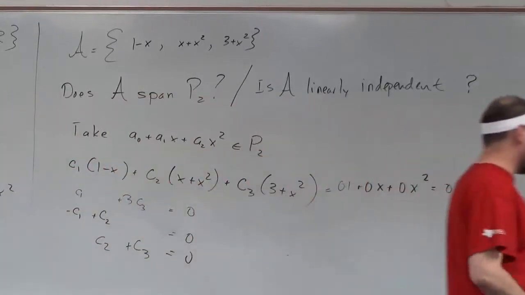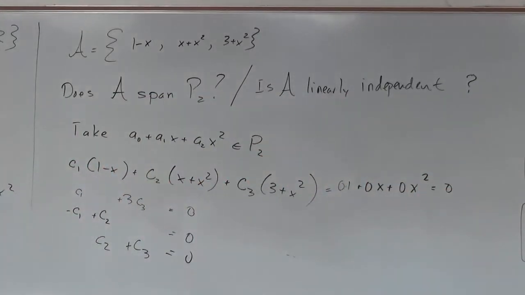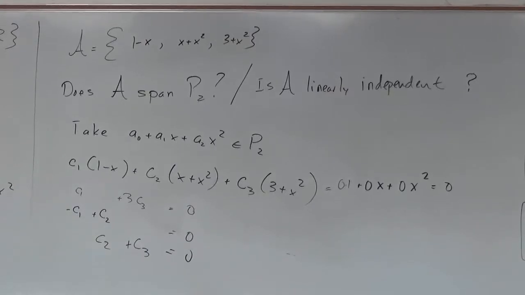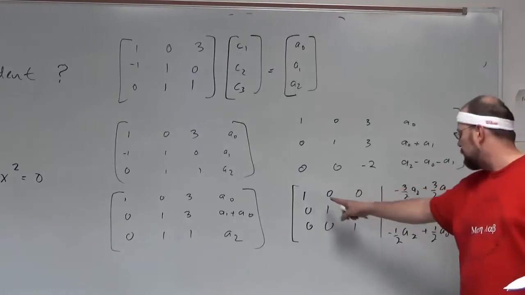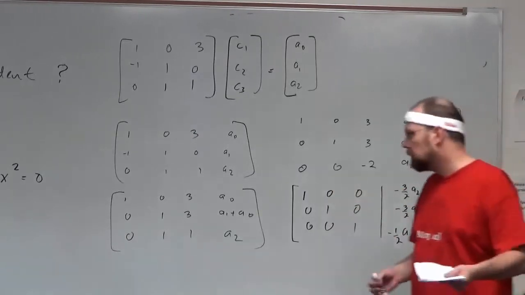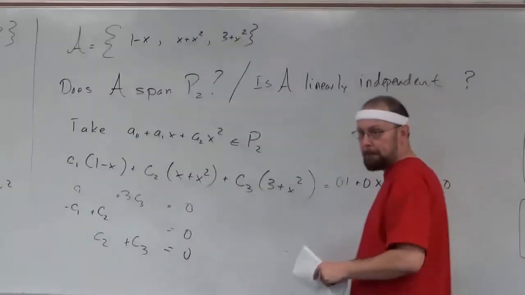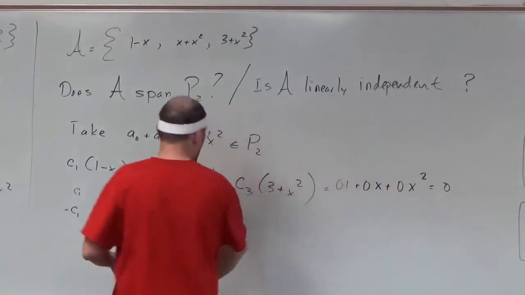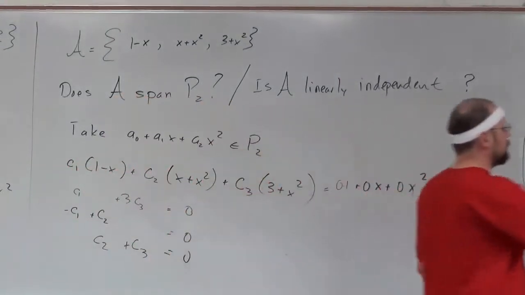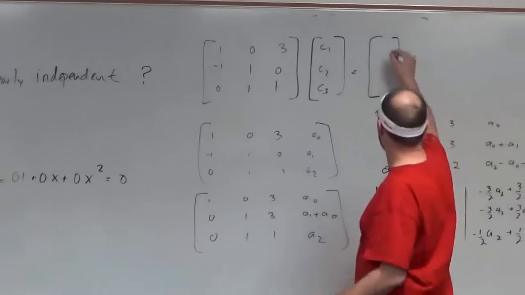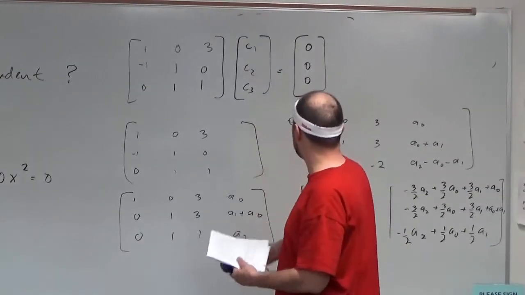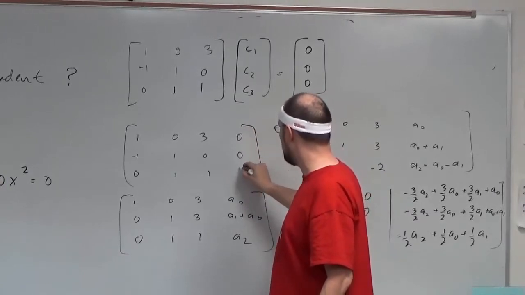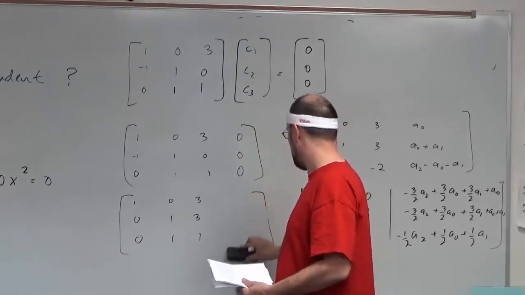But of course, since we already showed this, if A0, A1, and A2 are all 0, what's the only solution for the coefficients? They must be 0. Or if you'd like to start all over again with the right-hand side being all 0, remember, we're trying to solve for the coefficients to check whether the only solution is the trivial one or if there are some other solutions.